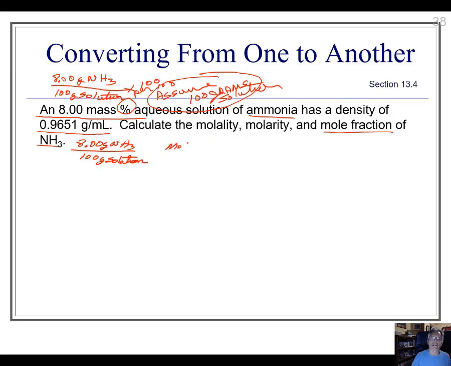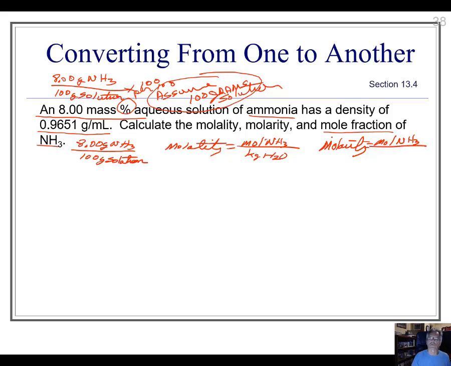Well, molality is moles of solute, our solute is ammonia, over kilograms of solvent, and our solvent is H2O. We need molarity. Molarity is equal to moles of our solute, which is NH3.